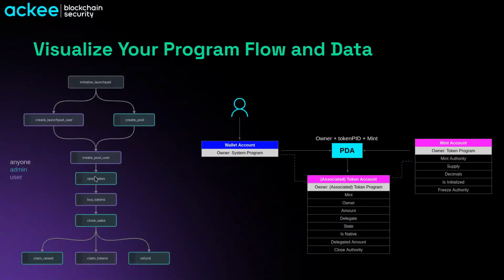You can also test it, for example, in your tests. And what is also important is the flow and the sequence of the instructions, because you can directly see here that, for example, you cannot claim tokens before a sale is closed.